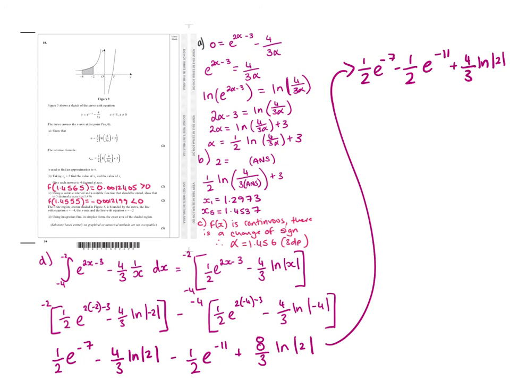Okay, and again, this is because ln of 4 can be rewritten as ln of 2 squared, which we know is the same as writing 2 ln of 2. And I multiplied that by 4 over 3. So here's the final answer.